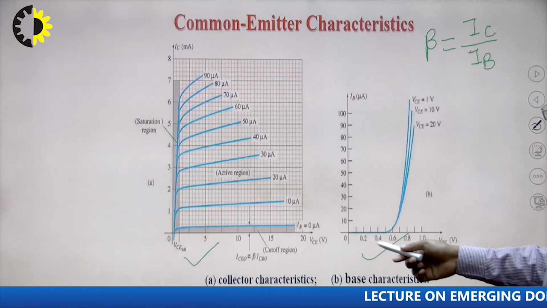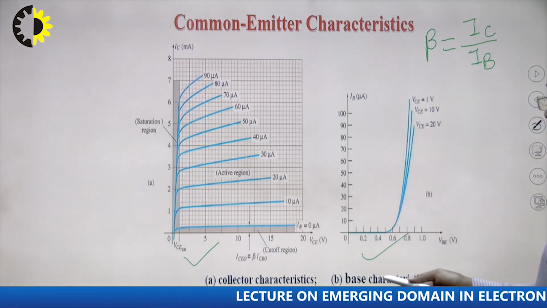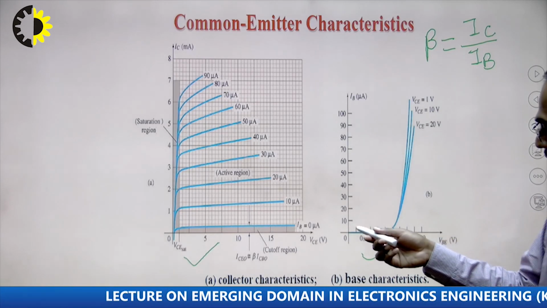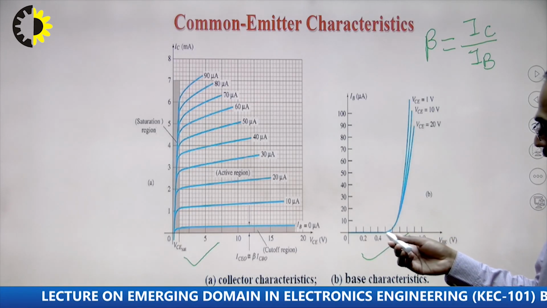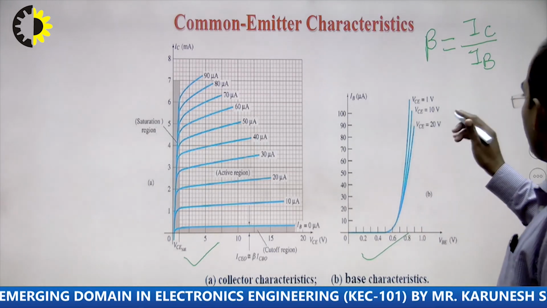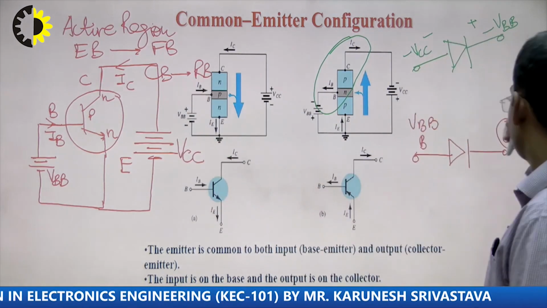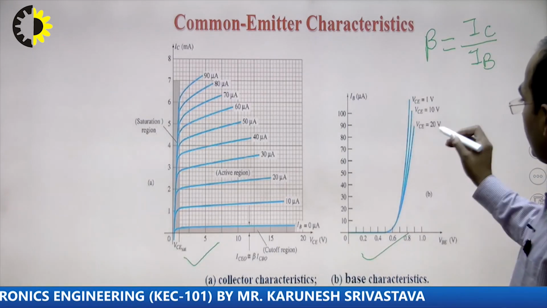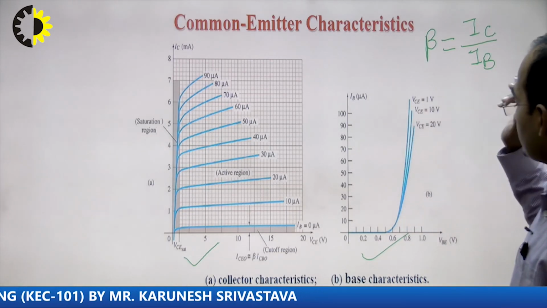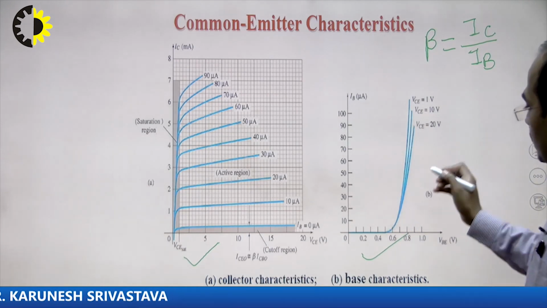It will conduct after the cut-in potential of the junction, and in this characteristic it has been shown that the current starts increasing after 0.6 volt. As we increase the collector to emitter voltage, from this graph, at VCE equal to 1 volt the current is less, and as we increase the value of VCE, the cut-in potential is decreasing.